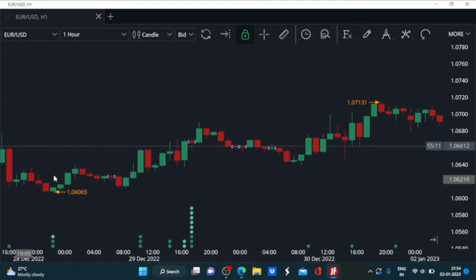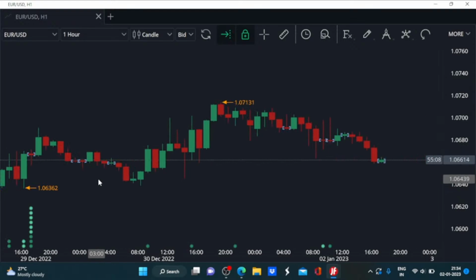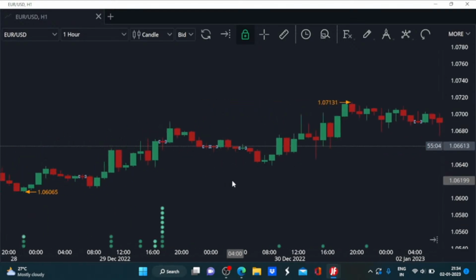Now, the one thing which has to be kept in mind is also the shadow of this candle, as the opening and the closing price are nearly the same. If we don't pay attention to the candle shadow, then it becomes very difficult.